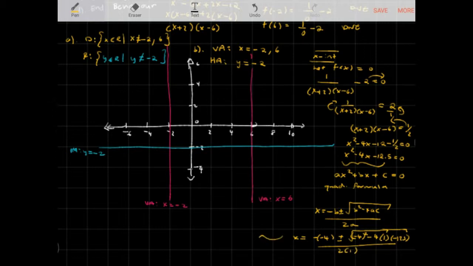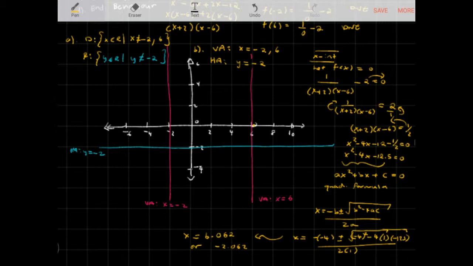So if I plug this in and crunch this out, x is equal to either 6.062 approximately, or approximately negative 2.062. I'm just going to use these values, and these are just rounded values. So 6.062, let's say it's somewhere here.